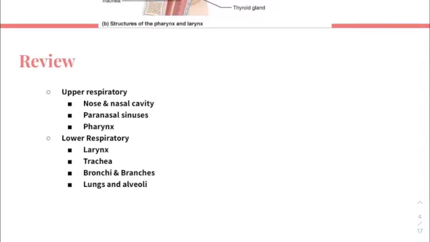That upper respiratory system is that nose, nasal cavity, sinuses, all the way down to the pharynx. The lower respiratory system starts at the larynx.